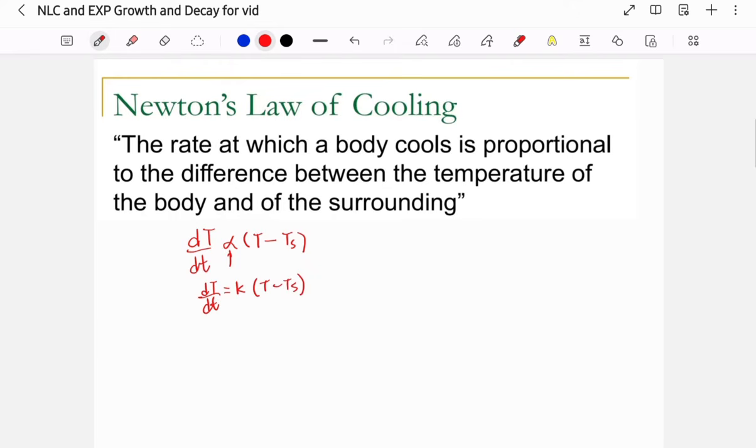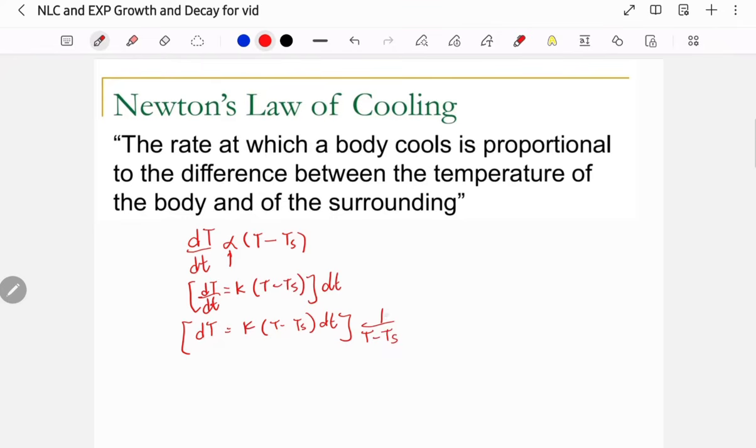So, first we have to get rid of the denominator. So, we will multiply both sides by dt. And this becomes dT equals k(T minus Ts) dt. Next is we divide both sides by T minus Ts, so that this will be multiplied to its derivative.